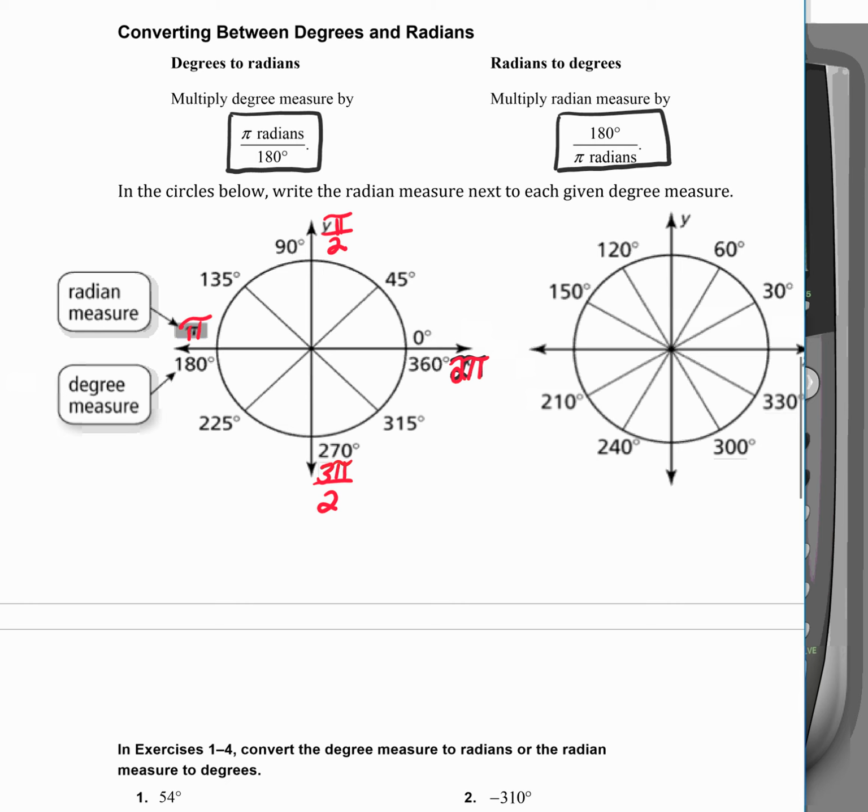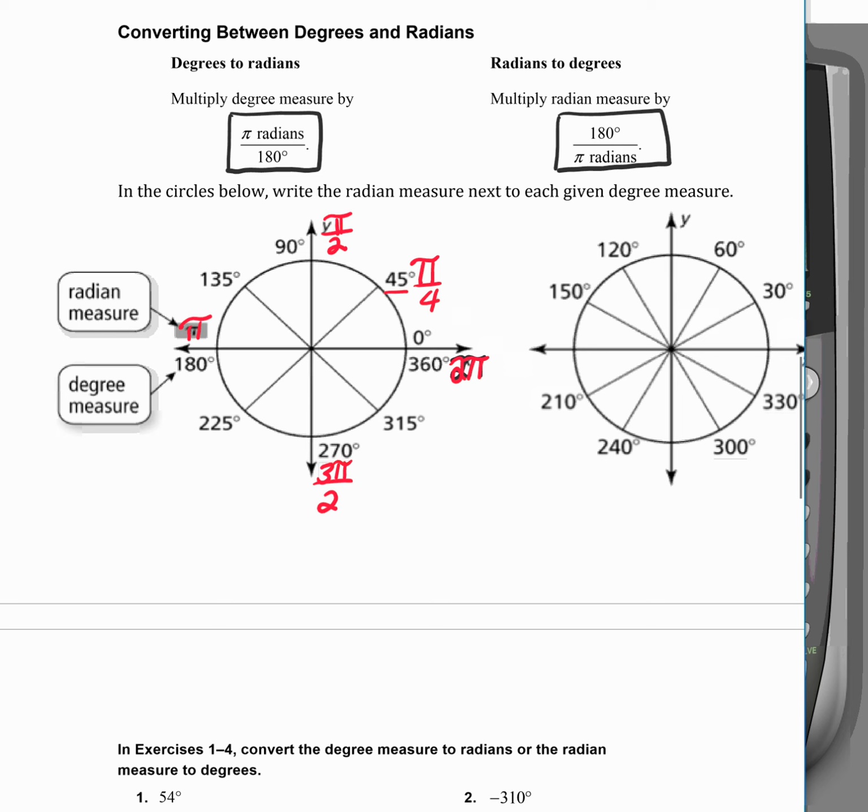Now I want to cut that in half again to get my 45-degree option. If I take pi over 2 and cut that in half, I get pi over 4. Now I'm going to count by pi over 4. I start with pi over 4 at 45 degrees. 90 would be 2 pi over 4, which simplifies.